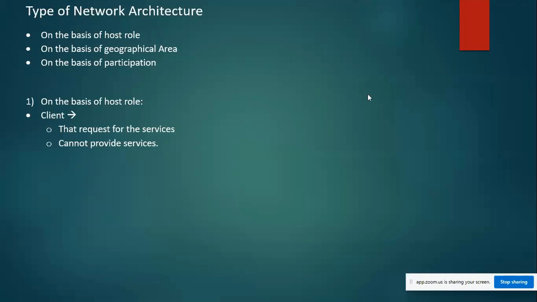This is clear? Client. So in a broad aspect, when organizations refer to client, it is something like a customer to the business, isn't it? The wording is client, customer, consumer. These are all the same, right?